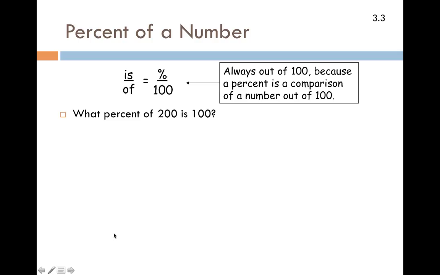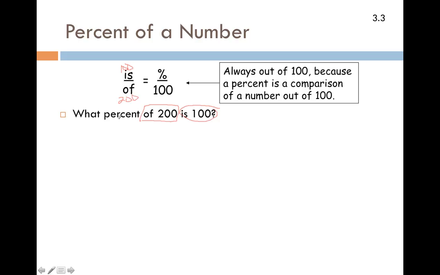Okay, so here's the problem. Now, when we look at this problem of 200, so of is equal to 200, is going to be 100. So is going to be 100, because 100 comes out the is. 200 comes out the of, so that's going to be there.